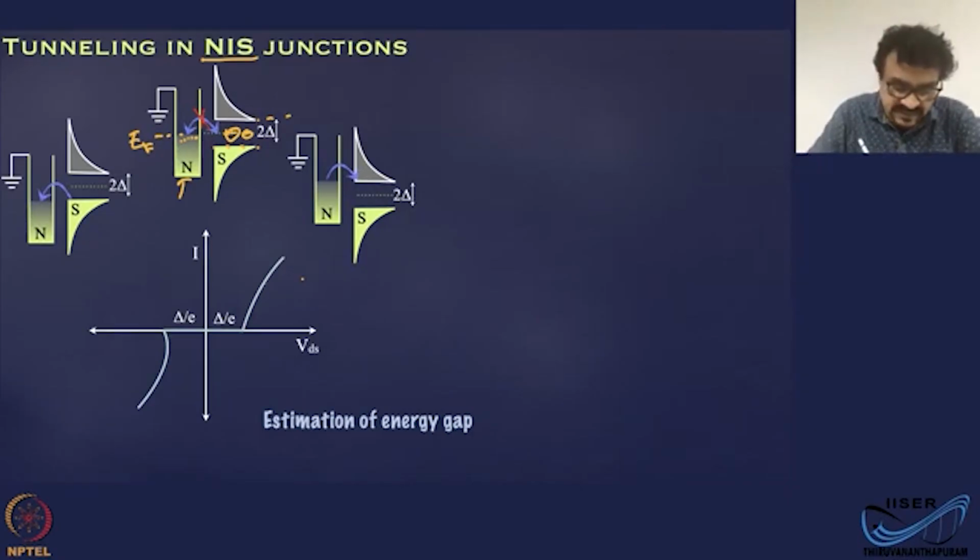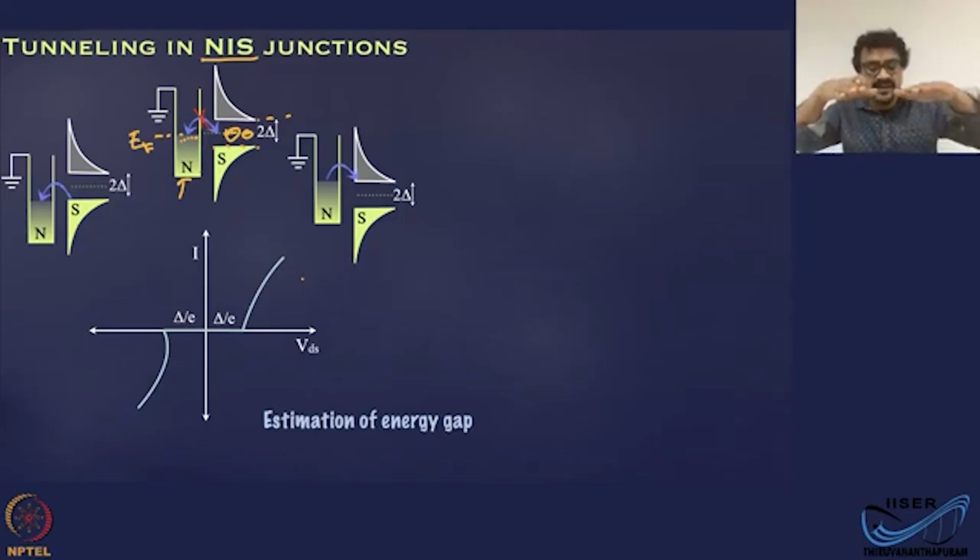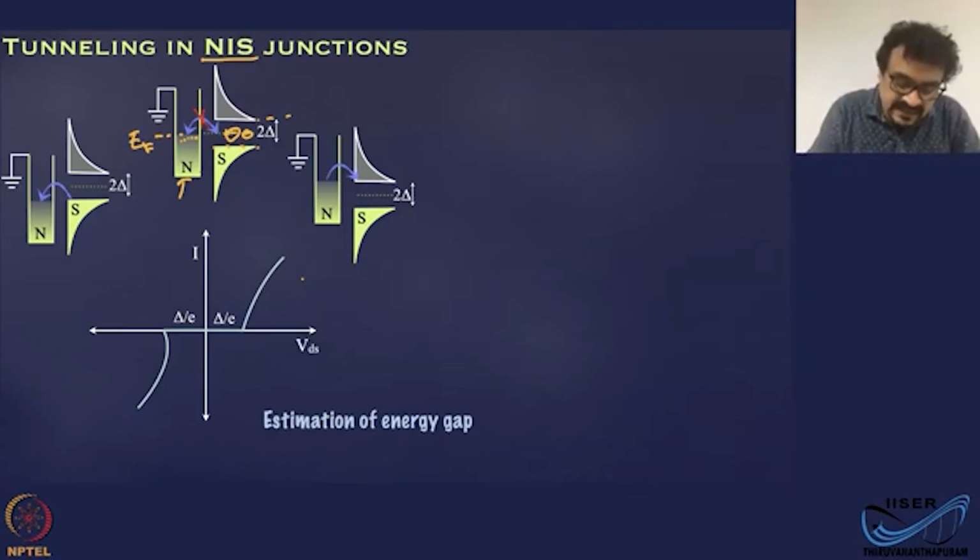At zero bias, no current will be flowing, and that situation is the same as long as you slide the superconductor side with respect to the metal side until this situation is reached, where these electrons now can tunnel and occupy the empty states on the superconductor side, which is a distance delta above.